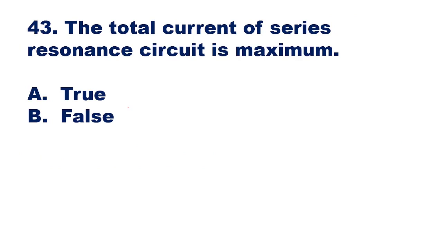The total current of series resonance circuit is maximum. Obviously, it is maximum because for series resonance circuit, if you see the graph of frequency versus current, where this is current, this is 0, this is frequency, the graph will be like this. So the current will be maximum at resonant frequency f naught.